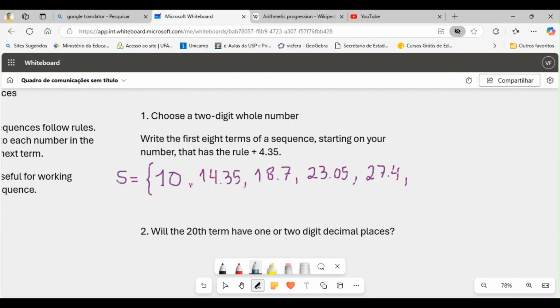So up to now we have 5. Let's keep going with additional 3. So plus 4.35, and then the sum is 31.75.